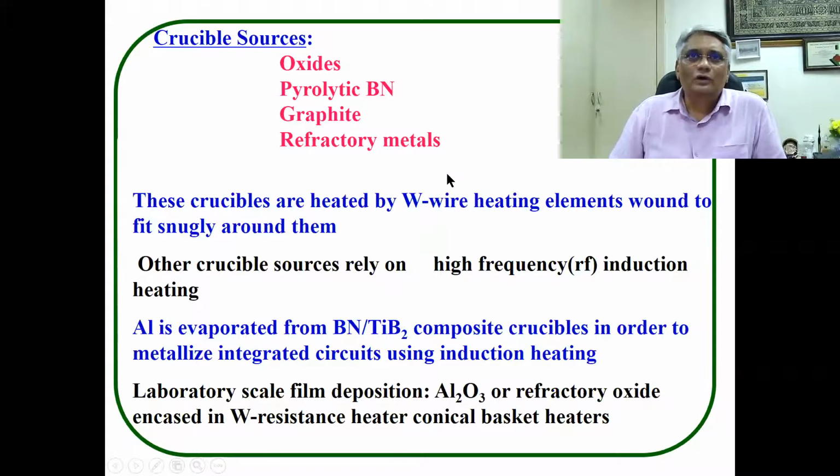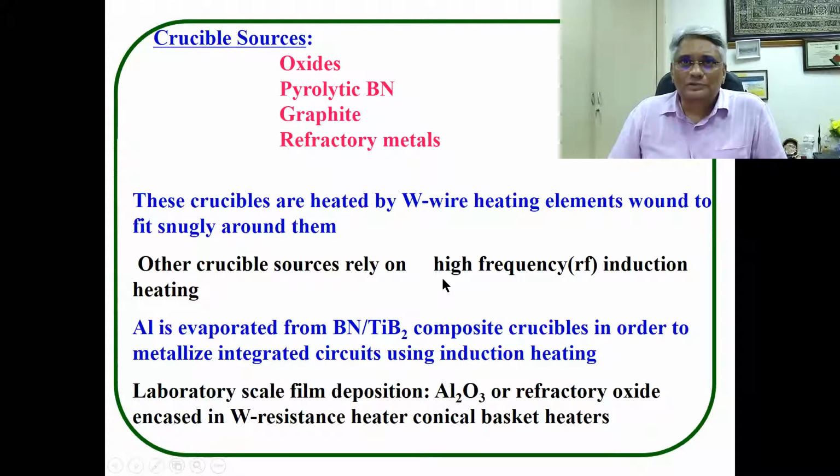Yes, this is all for your reading. What I mentioned: crucibles can also be made of oxides, boron nitride, graphite, refractory metals, because these are all high melting point compounds. These crucibles are heated by tungsten wire elements wound to fit snugly around them.